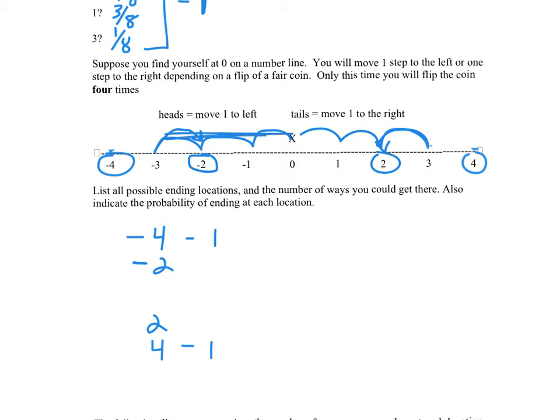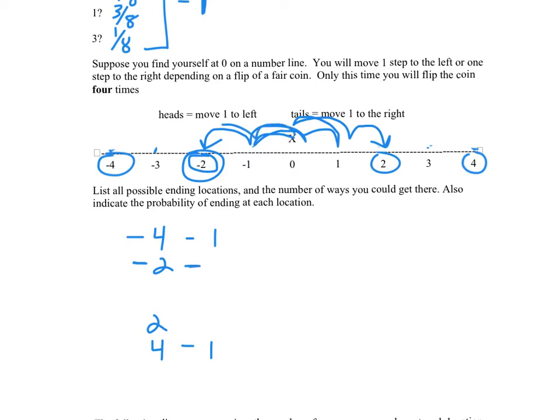Sorry, let me erase these arrows so we don't get confused. How about if we get a heads, tails, heads, heads? There's another way to do it. Or we could get a tails, heads, tails, tails. There's another way to get to 2. And I don't think there's any others.